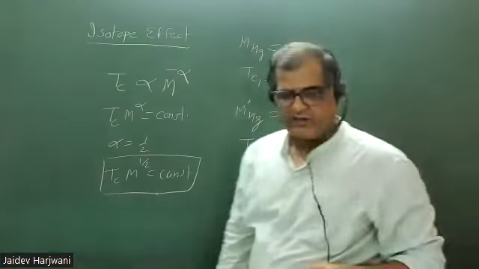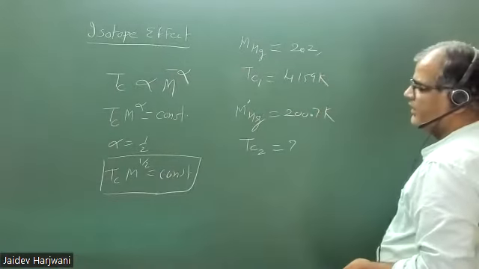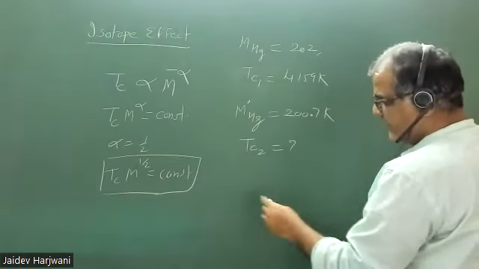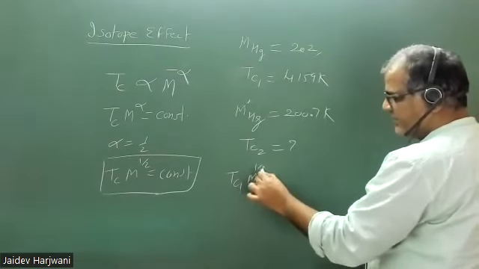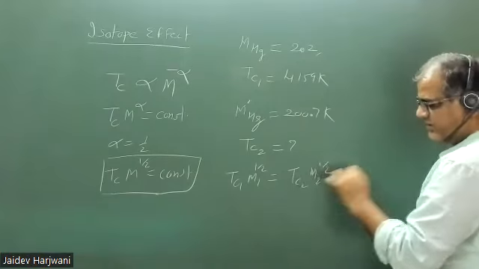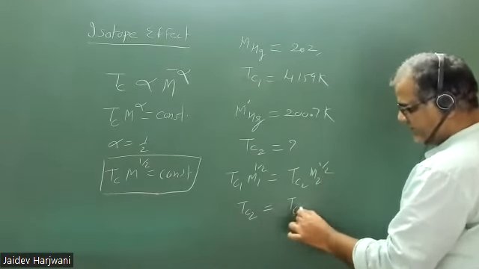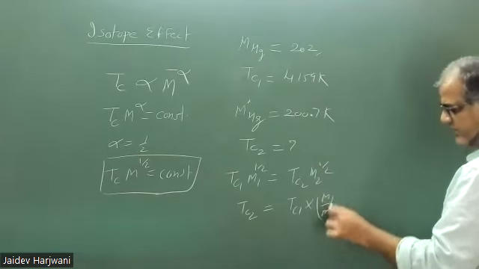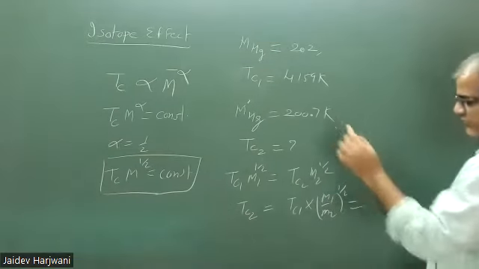Calculate it. You can use this equation: Tc1 m1 power half equals Tc2 m2 power half. If you want Tc2, that will be Tc1 into m1 upon m2 power half.